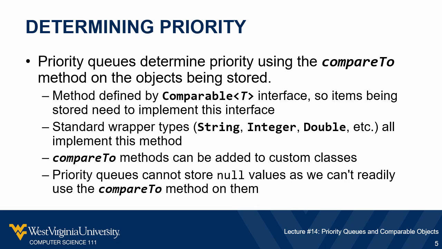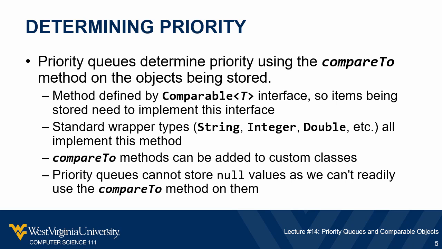Any of the standard wrapper types that are provided in Java, like Integer and Double, as well as String, all implement the comparable interface already. We can also create a compare_to method that serves to implement that interface on our own custom classes.